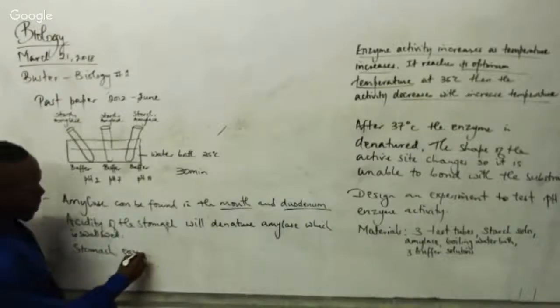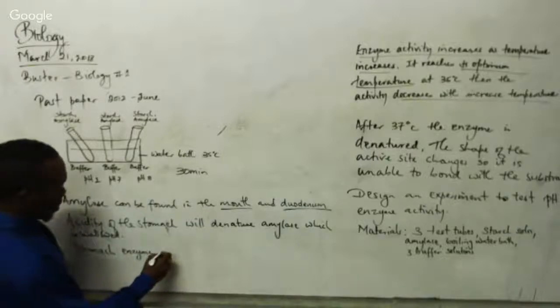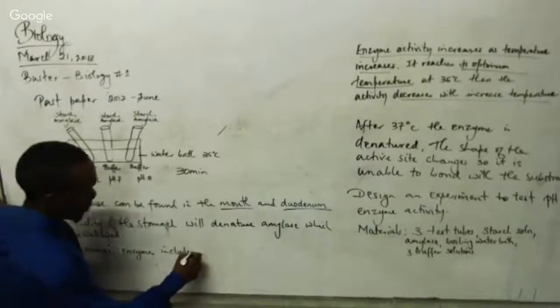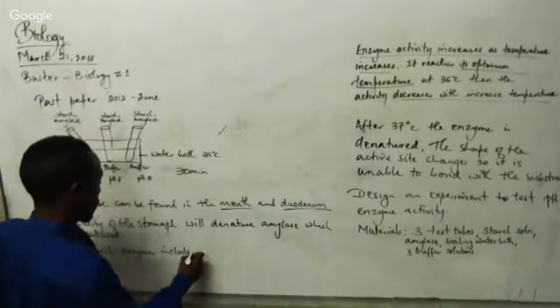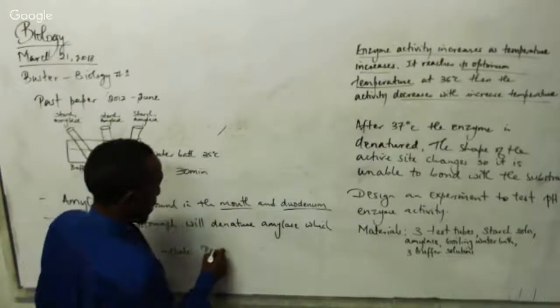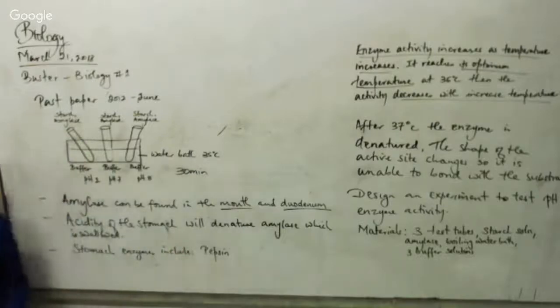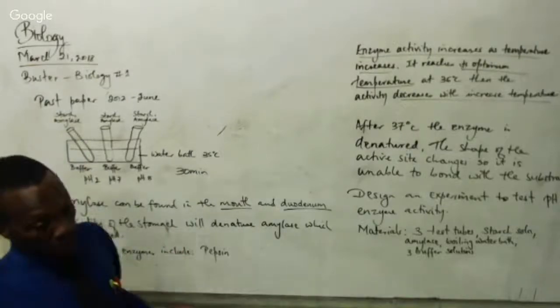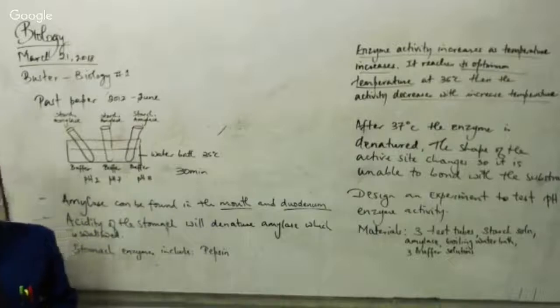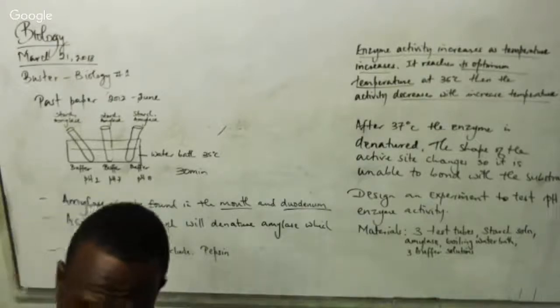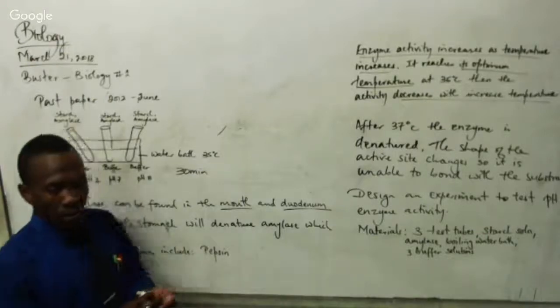Pepsin you cannot forget, because it is the first enzyme that breaks down protein. Actually, it's the only enzyme that breaks down raw protein. So protein digestion starts in the stomach. Renin is found mostly in young animals.